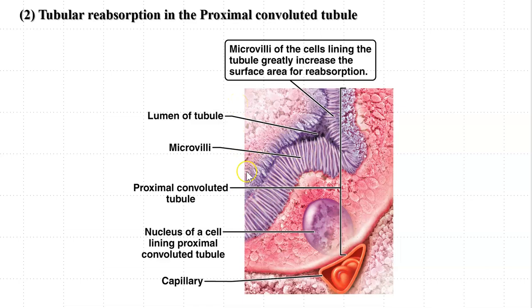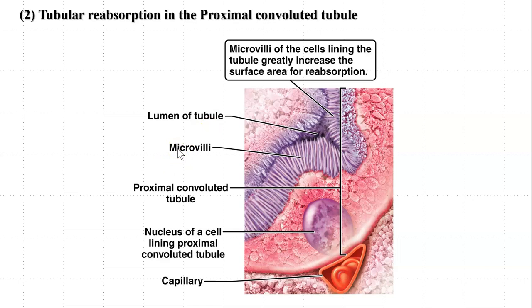So at this point, the nephron says, wait a minute, we might not need to throw away all of that. So it reclaims a lot of water and solutes from the tubular fluid, and they are reabsorbed back into the bloodstream.